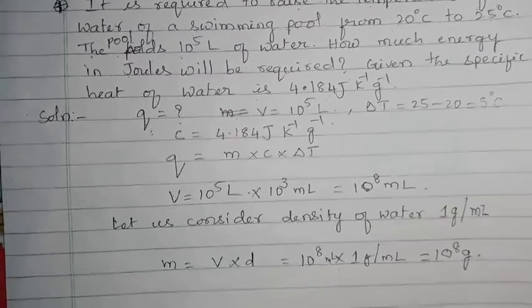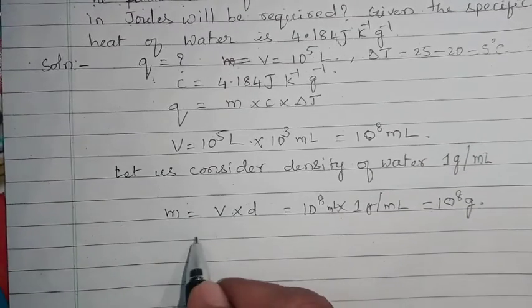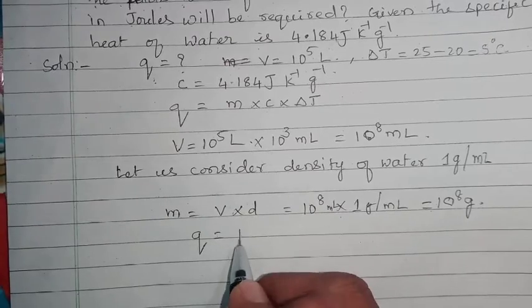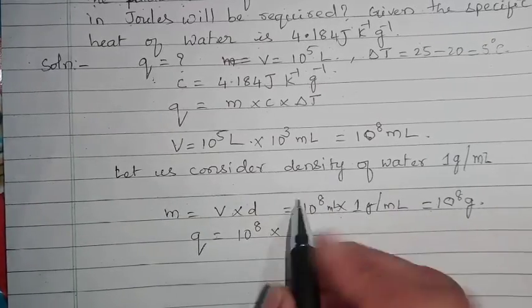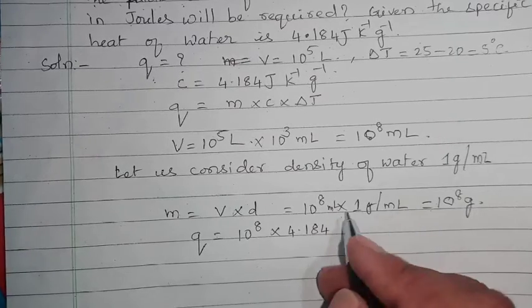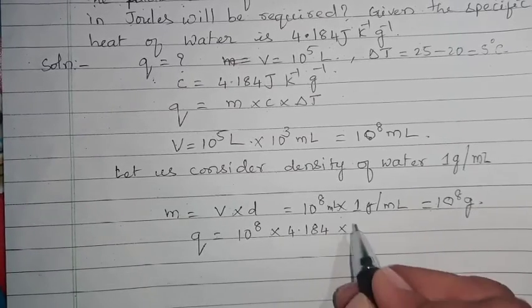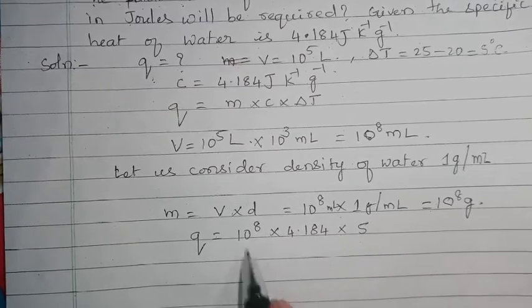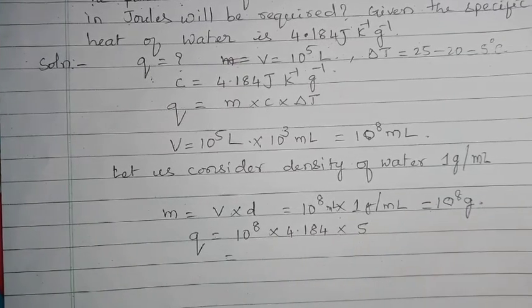Now we can calculate the Q value. Q is equal to 10 to the power of 8 grams, specific heat 4.184 joules per gram per Kelvin, and rise in temperature 5.